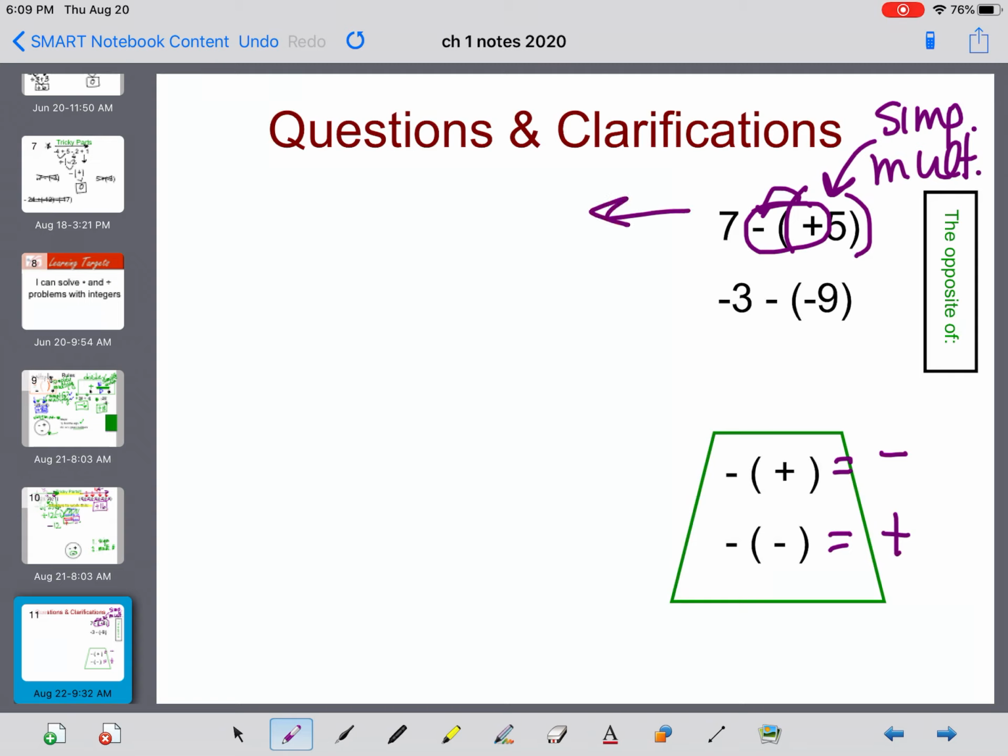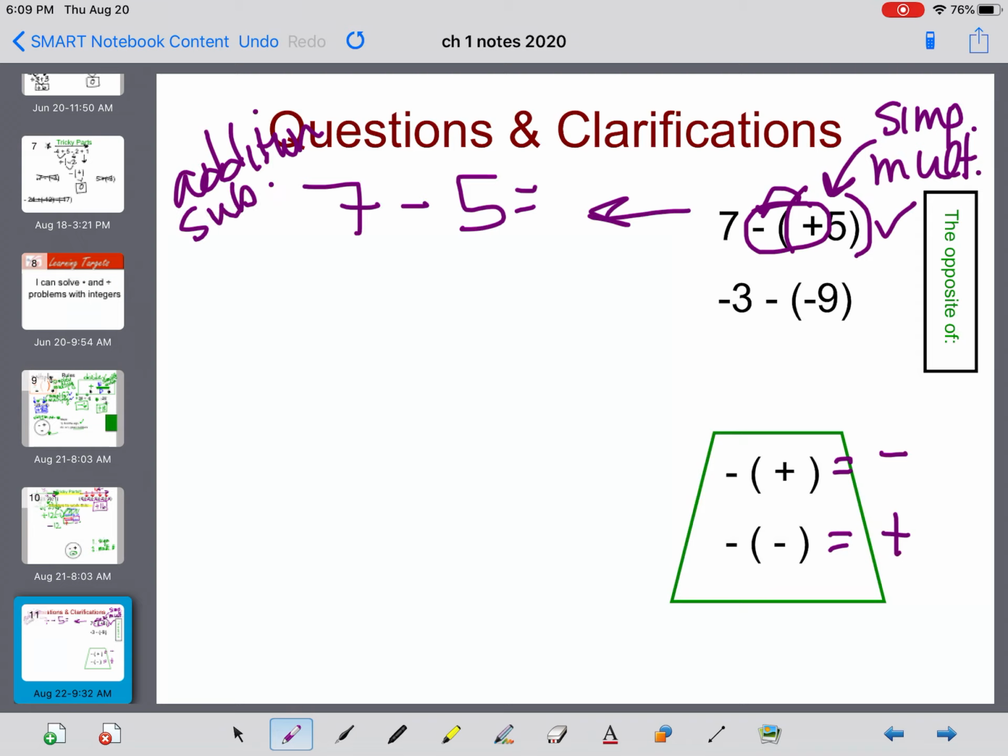So this problem right here simplifies to 7 minus 5. And then I've done what the parentheses are telling me to do. They're gone. I'm all done with that. And so now this is just an addition or subtraction problem that's left over, because that's the next step down in my order of operations, right?